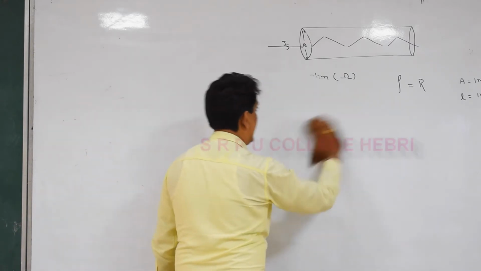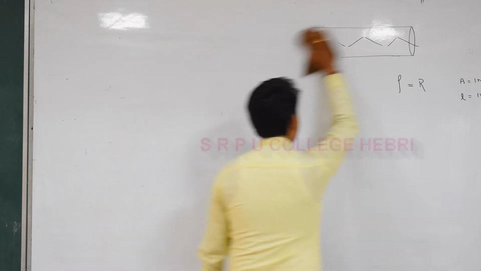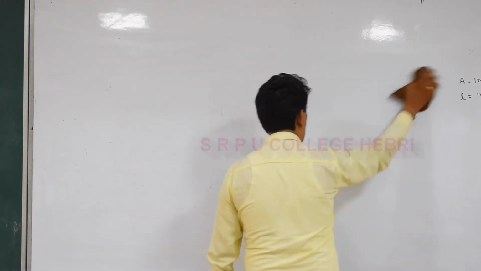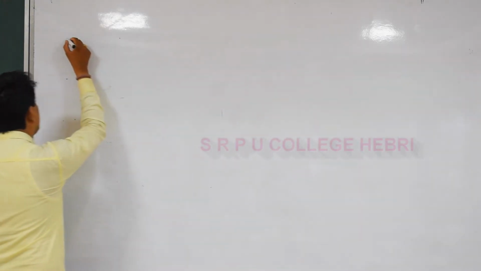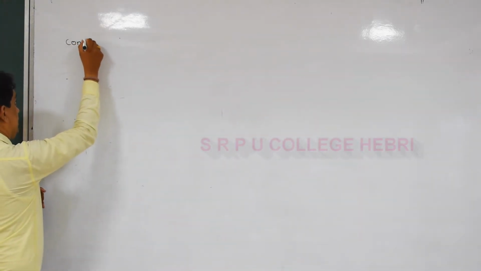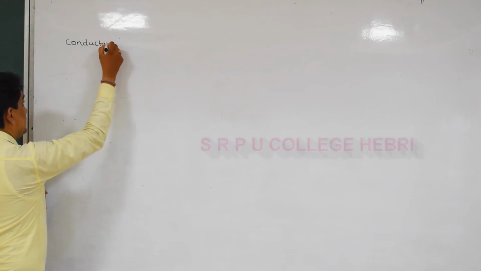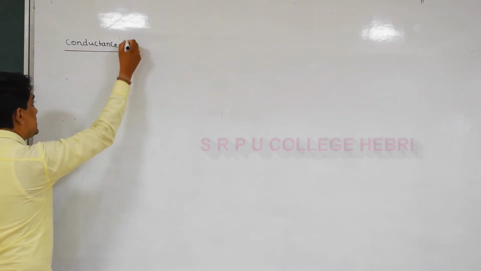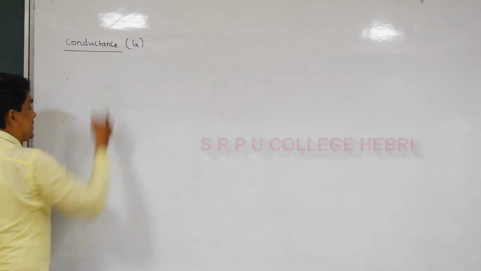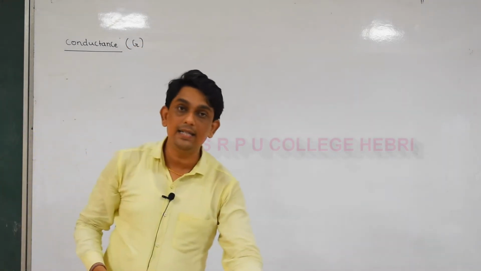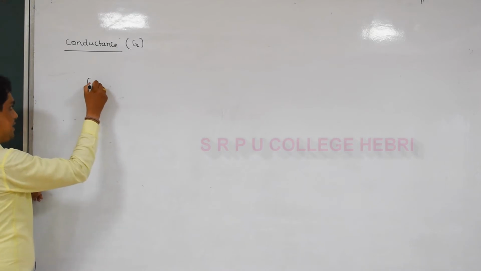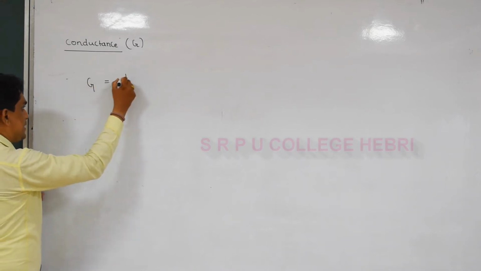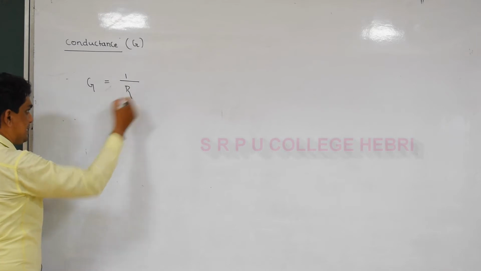As you all know, the reciprocal of resistance is called conductance. So write the next side heading: conductance. In chemistry, the symbol of conductance we always take is capital G. Conductance is the reciprocal of resistance.